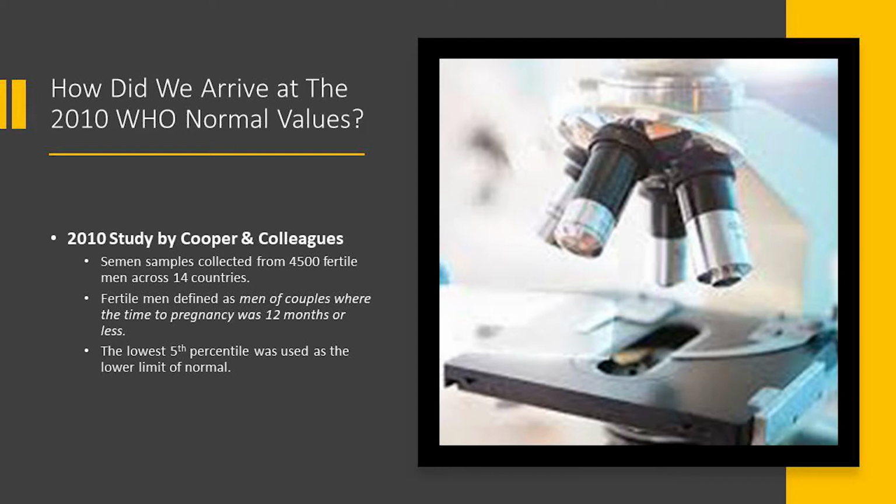What they found was that fertile men, whom they defined as couples that were able to achieve a natural pregnancy in 12 months or less, were used as this reference range. They then looked at the lowest 5th percentile and drew a line in the sand at that point to determine what is acceptable within normal.